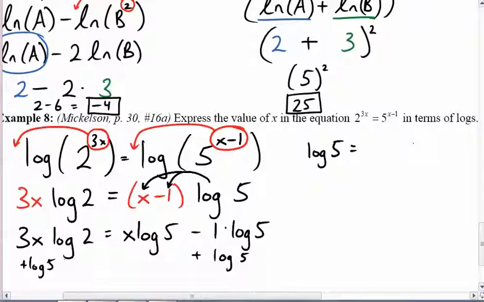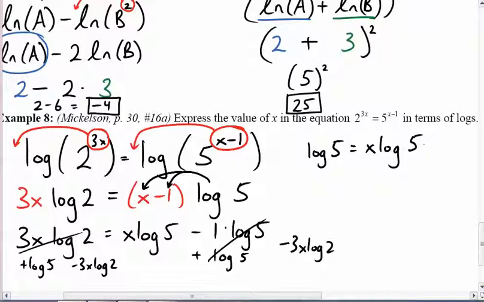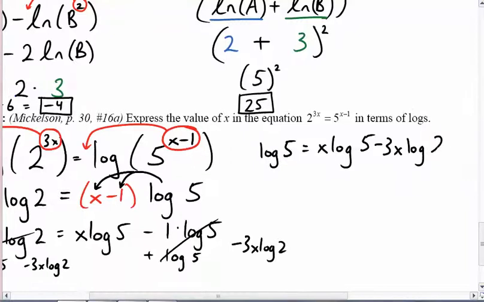And I'll subtract 3x log 2 from both sides to move the 3x log 2 to the right side. And I'm only choosing those sides just so that I have the most number of terms positive as I possibly can have. So all the x's are on one side by themselves.